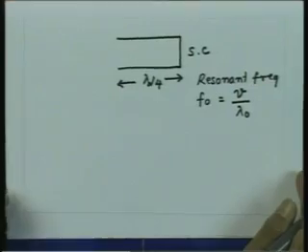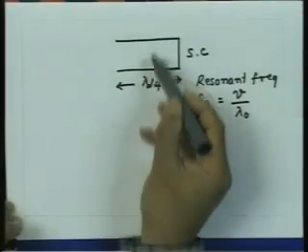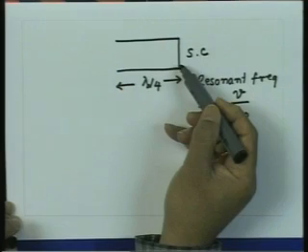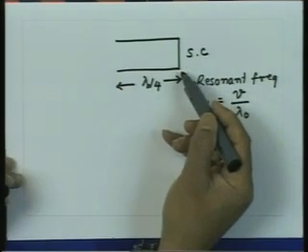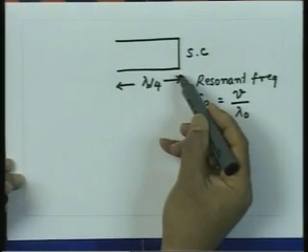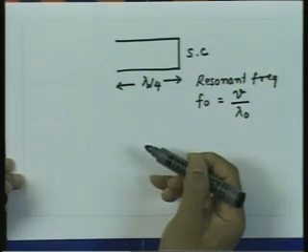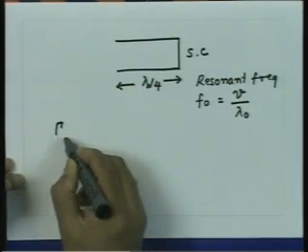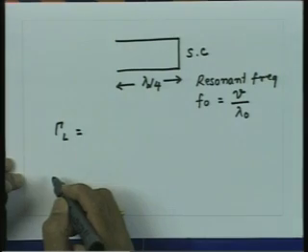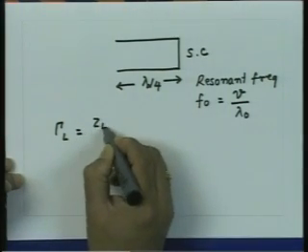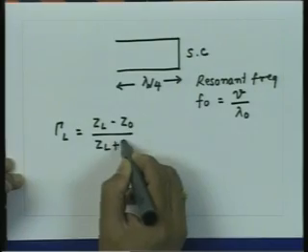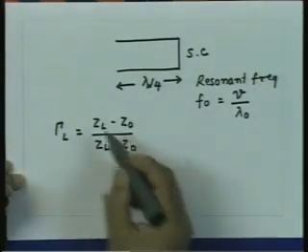Now, we can get the voltage and current expression on this transmission line with the load short circuited, and when the load is short circuit, the reflection coefficient at the load point is -1, we have seen earlier. So, reflection coefficient at the load, gamma L, that is ZL minus Z0 divided by ZL plus Z0, and ZL is now short circuit.